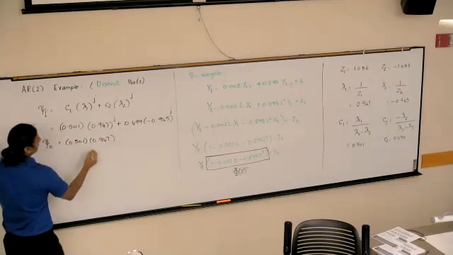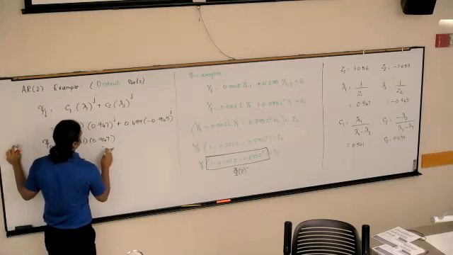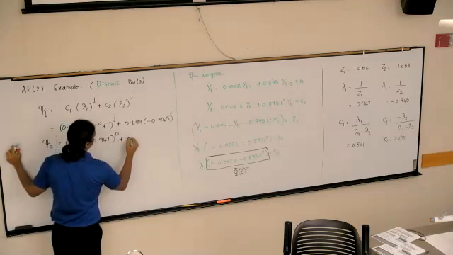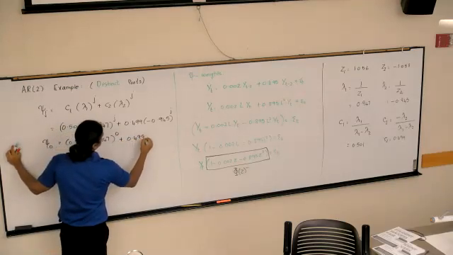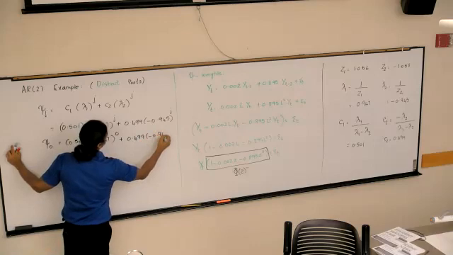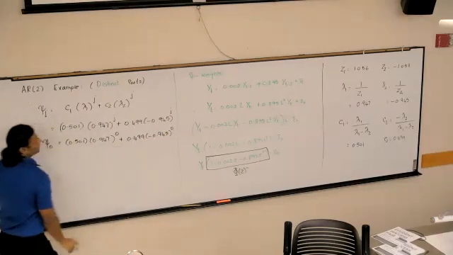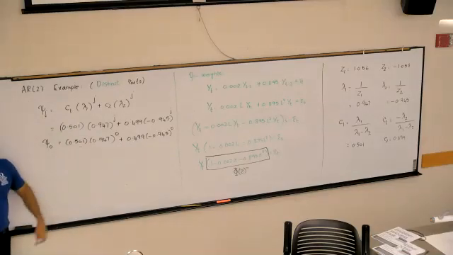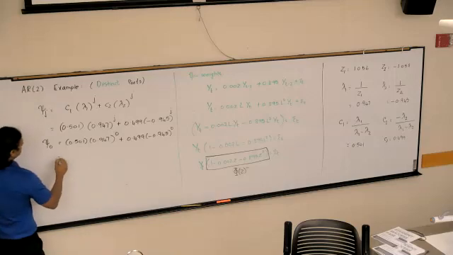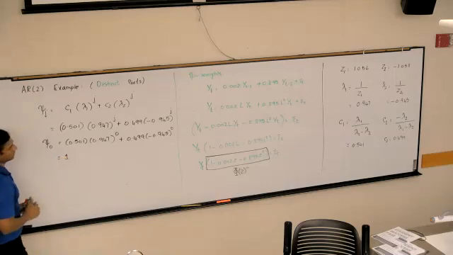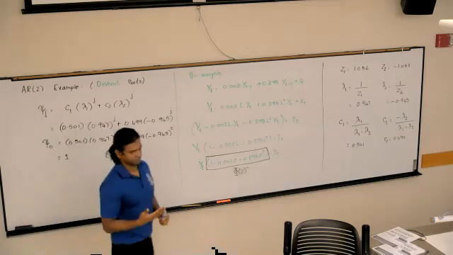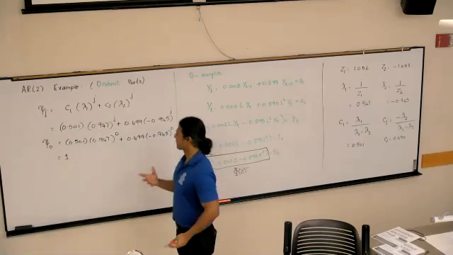So 0.501 multiplied by 0.947 raised to 0, plus 0.499 multiplied by negative 0.945 raised to 0. That term is just 1. If you add those two, you will get 1. In most cases, we're not going to get exactly 1, we'll get something close.